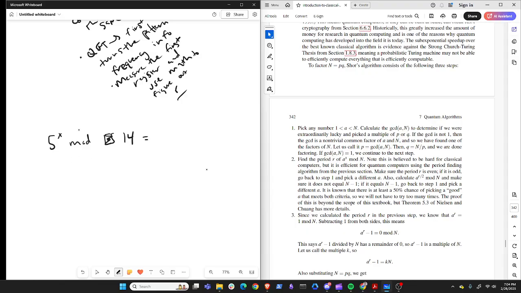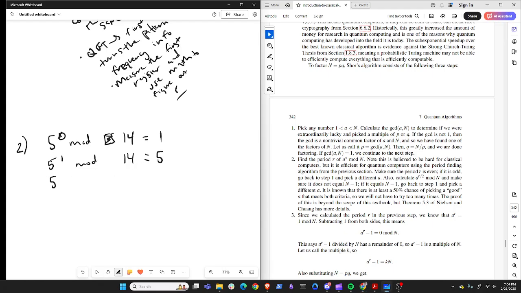When x is equal to 0, we have 1, and 1 modulus 14 is equal to 1. Now we're back to finding the period R. We look at 5 to the first, modulus 14. That is 5 modulus 14, which gives us 5.